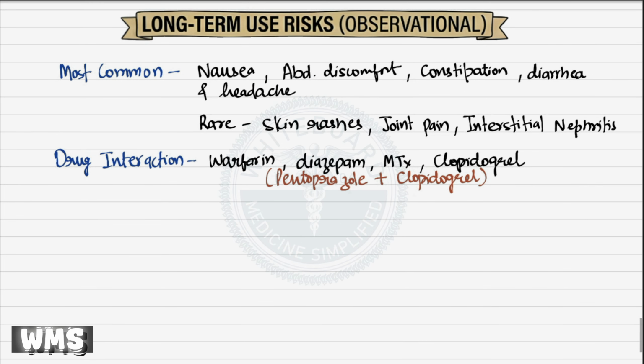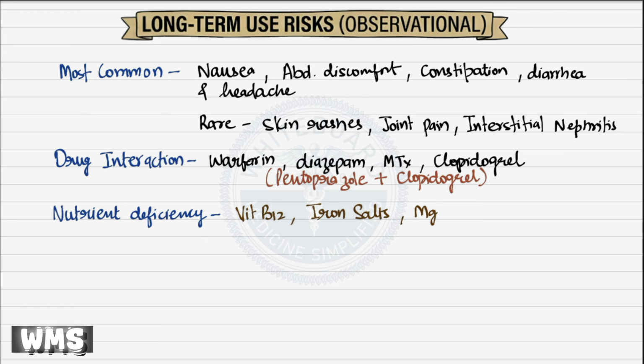In addition, prolonged suppression of gastric acid may reduce the absorption of certain nutrients and drugs, particularly vitamin B12, iron salts, magnesium, calcium, and medications that require an acidic environment for absorption, such as ketoconazole, ampicillin esters, and iron salts, thereby increasing the risk of iron deficiency anemia and vitamin B12 deficiency over time.